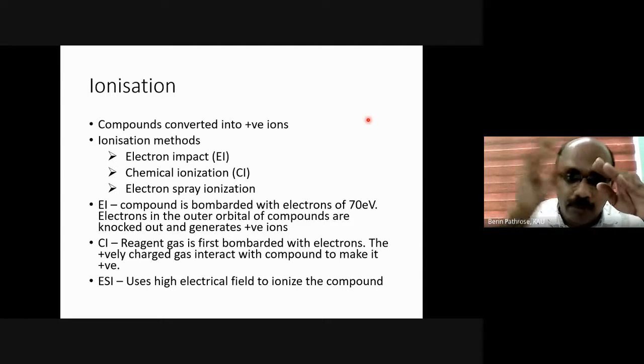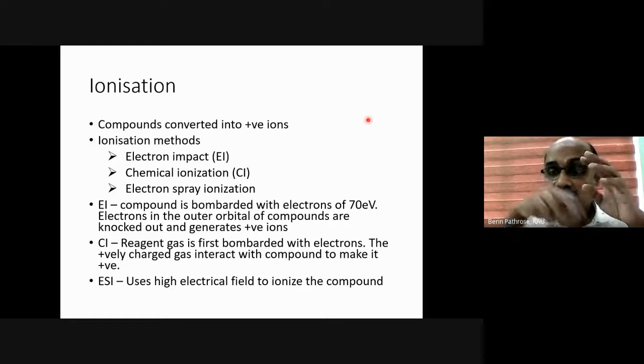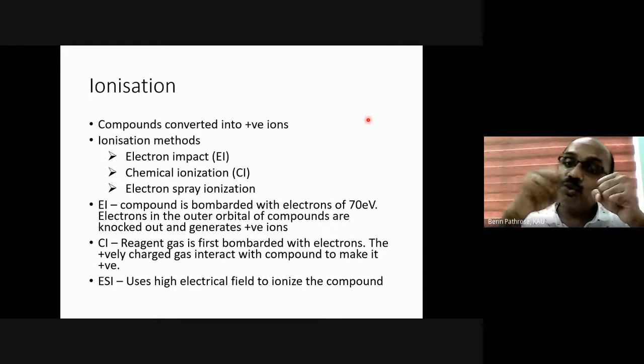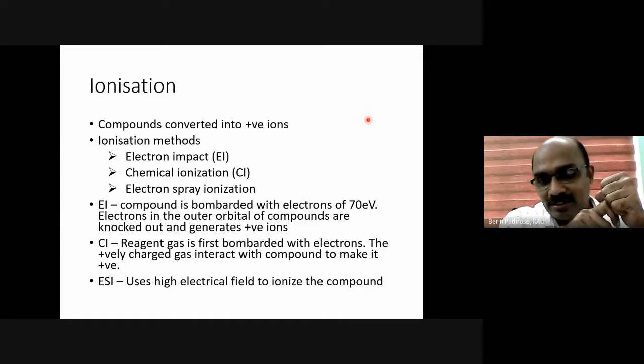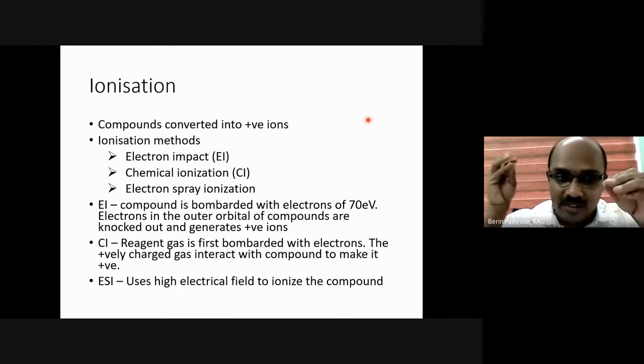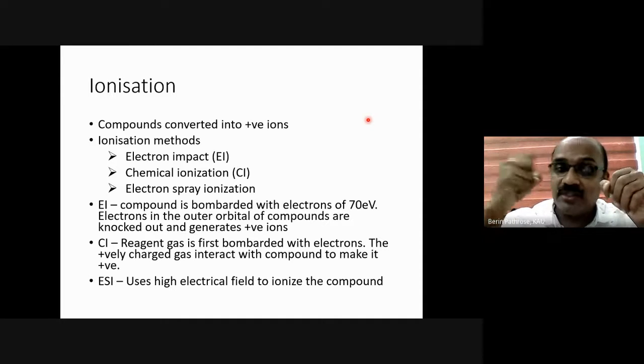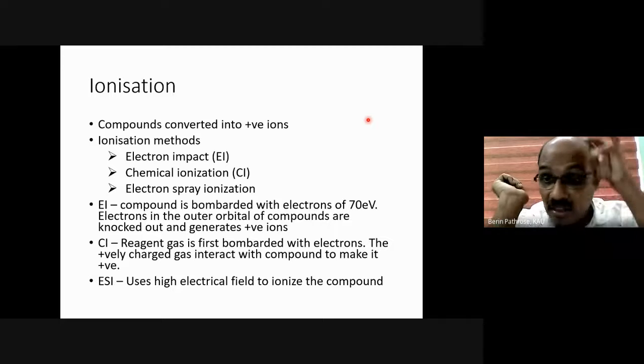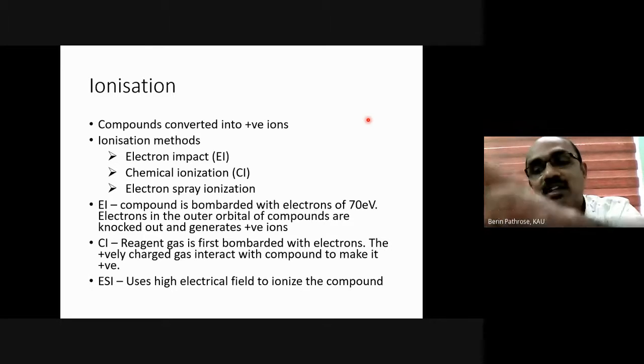Once the compound is bombarded with 70 electron volts, electrons are removed from the outer orbitals and the compound will be positively charged. Understood? Once the compound is positively charged, we can measure the mass.